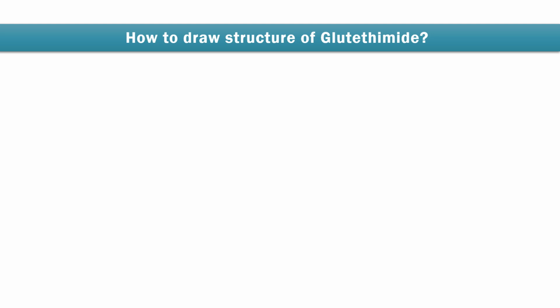Let's see how to draw the structure of glutathione. You know very well that it contains piperidine as a basic heterocyclic ring. Piperidine means a 6-membered heterocyclic ring containing nitrogen which is fully saturated. It does not contain any double bond.